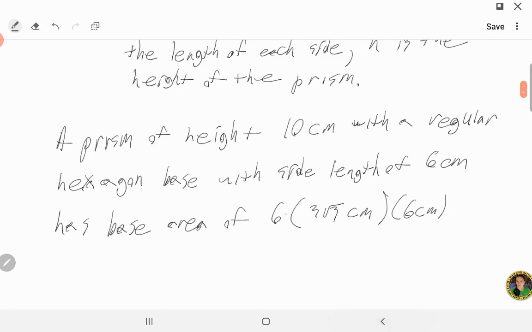Whoops, we forgot about the 1/2. 6 times 1/2 times base times height. So that's going to give us 54 radical 3 square centimeters, which gives us approximately 93.5 square centimeters.